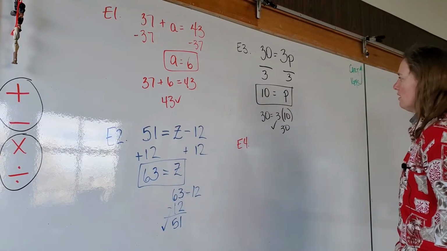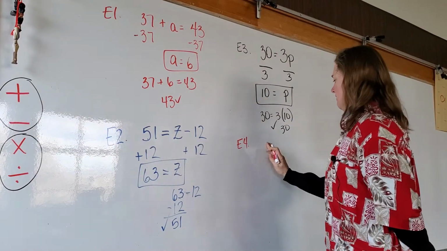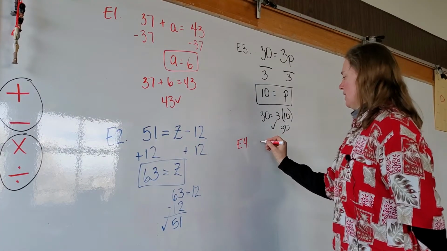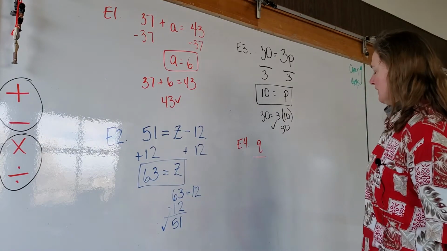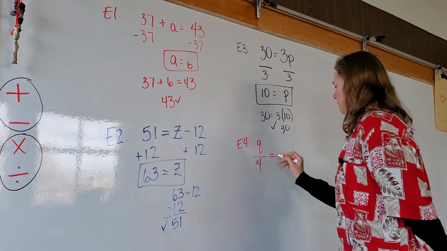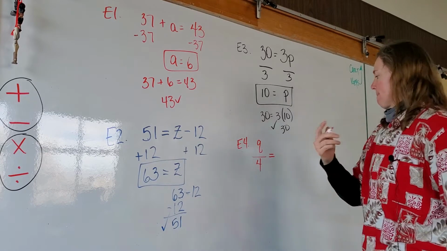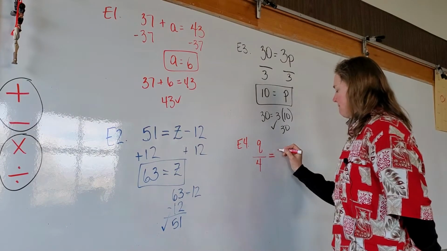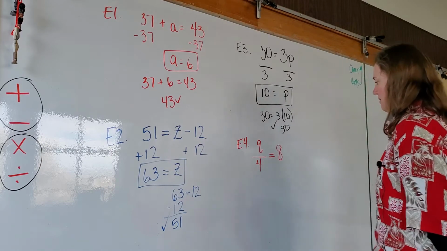Example 4, let's do one that's dividing. So if we have a variable, let's say q, and we're going to divide q by 4, and we're going to say that that's equal to 8.